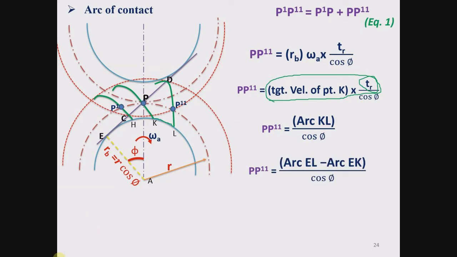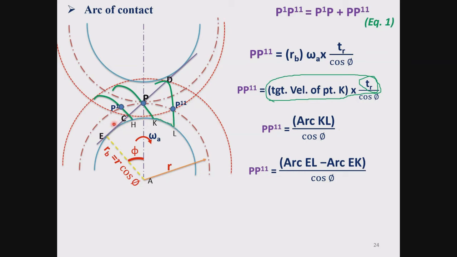Now again, let us divide this distance or arc length KL into two parts. Okay. We will divide arc length KL into two parts. So arc KL can be divided as arc EL minus arc EK.